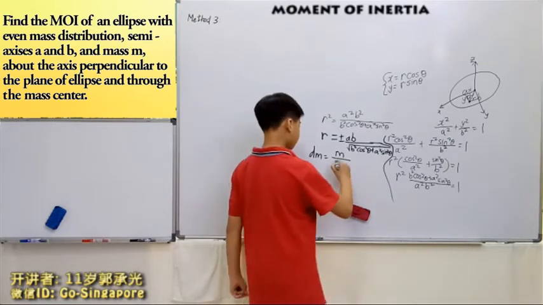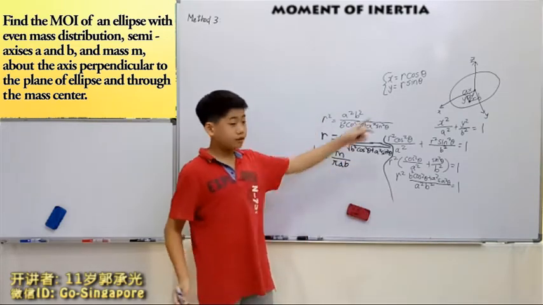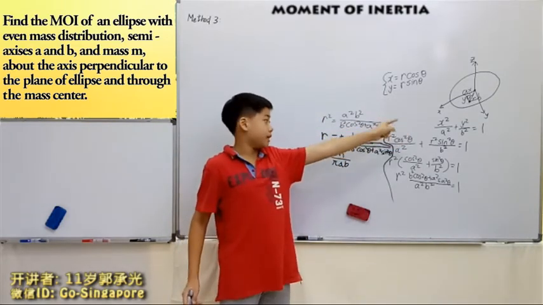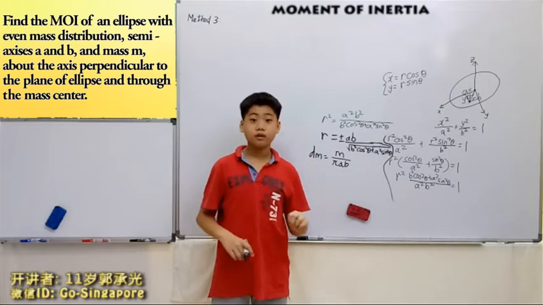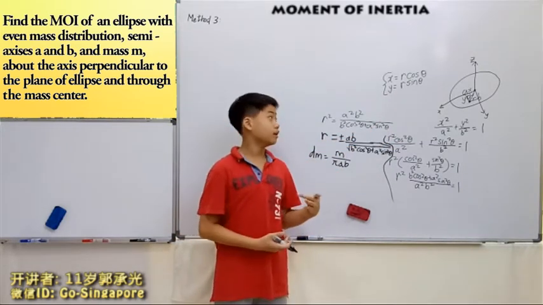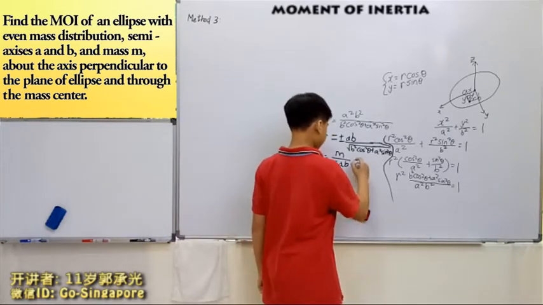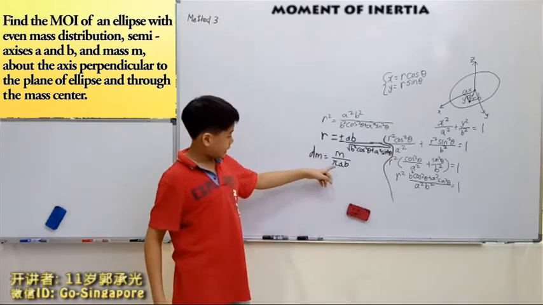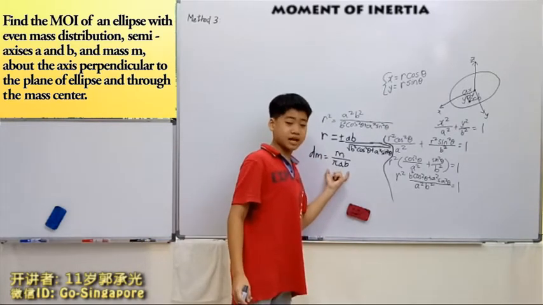That will be pi AB. Now AB, A is half of its major axis, B is half of its minor axis. Well, we can say it like that. Different cases you can say it differently. Okay, m over pi AB. This is its mass density.